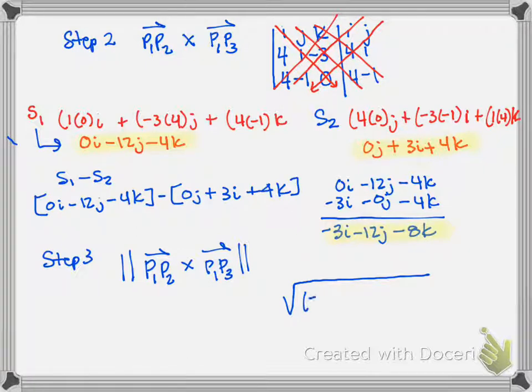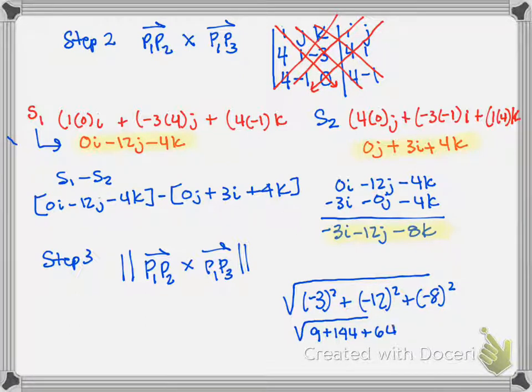So the I component is negative 3, I'm going to square it, plus negative 12, I'm going to square that, plus negative 8, I'm going to square that. So under the radical, I get 9 plus 144 plus 64. Now we have to add those up, and then take the square root of that.